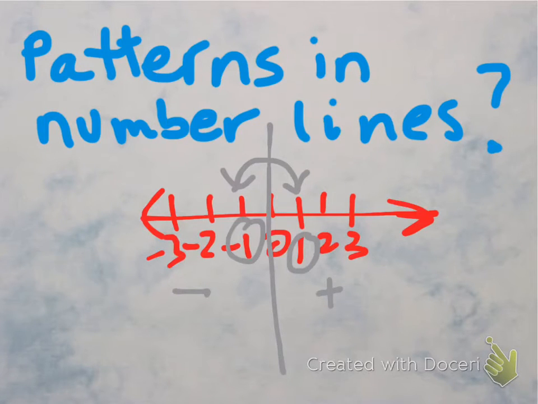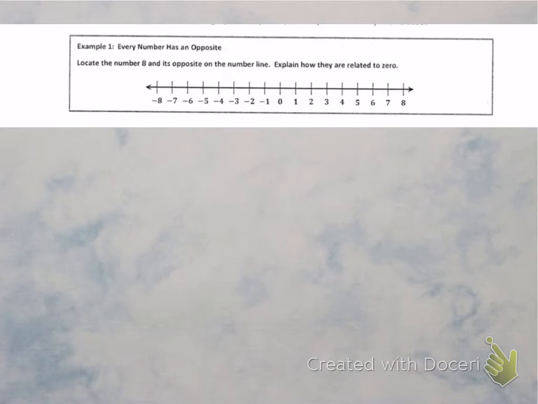The next thing is I'm going to show you this number line. Looking at this number line, it goes up to 8. The directions state: locate the number 8 and its opposite on the number line. Because 8 is by itself, it's going to be on the positive side, and we know that there are 8 spaces to 0.